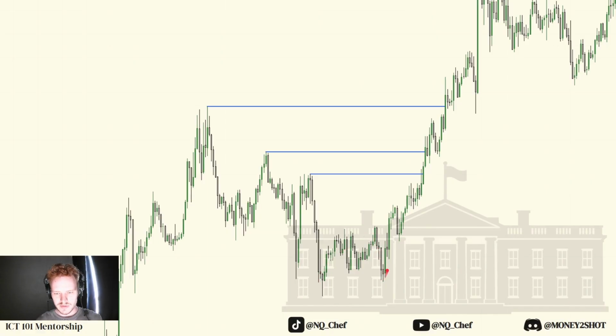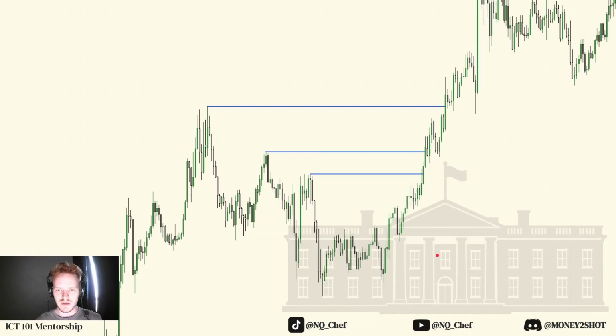We get moving up. Take out this liquidity here, here, and there. So from sell program to a smart money reversal into a buy program. This is a market maker buy model, but we're going to get into that in later videos. But we can see how market is deliberately targeting liquidity above here.